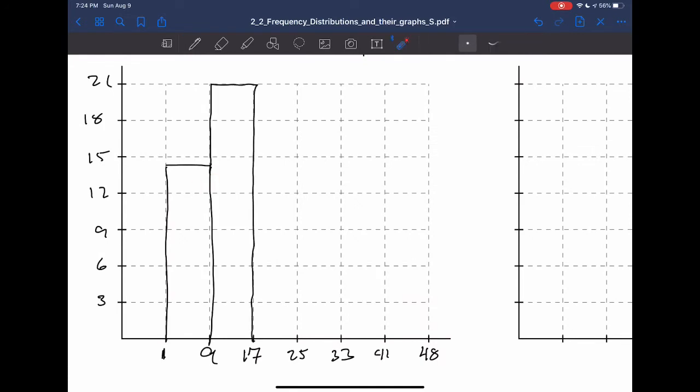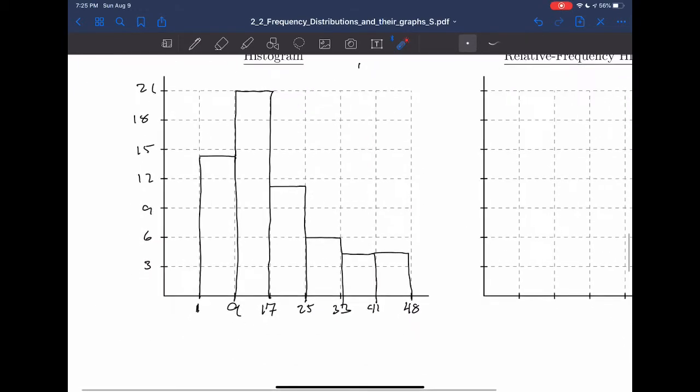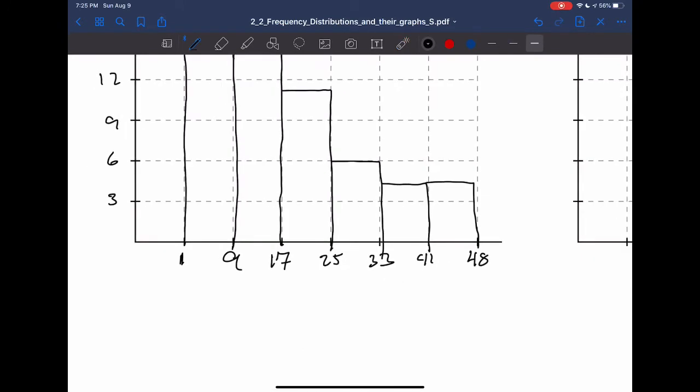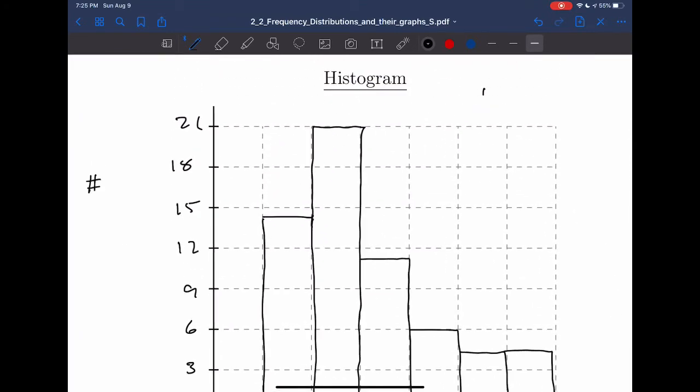And we fill out all the other bars: 11 between 17 and 25, and then 6, and then 4, 4. Great, but now we have to label our axes. On our x-axis, we could write commute distance, and on the y-axis, number of workers.